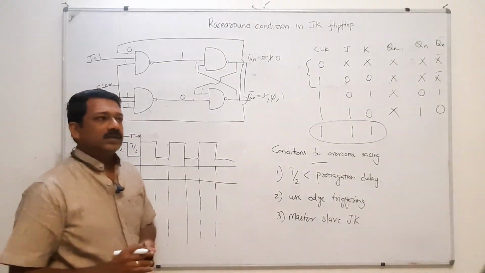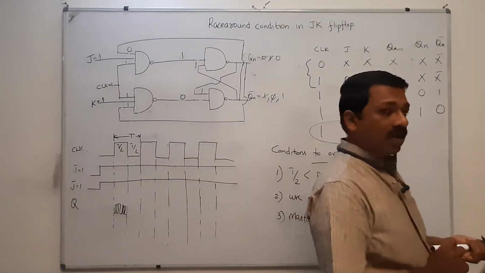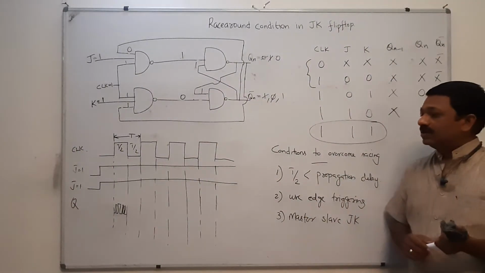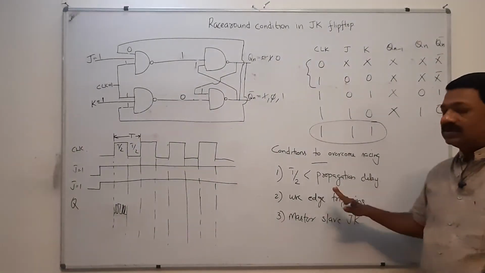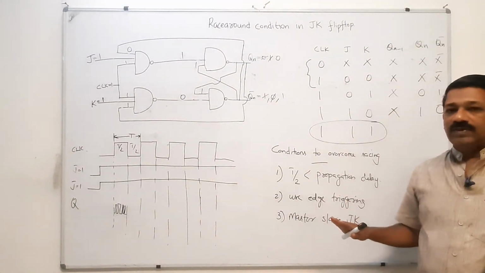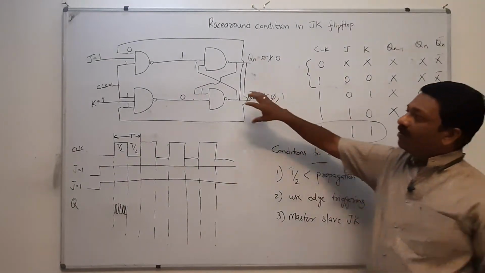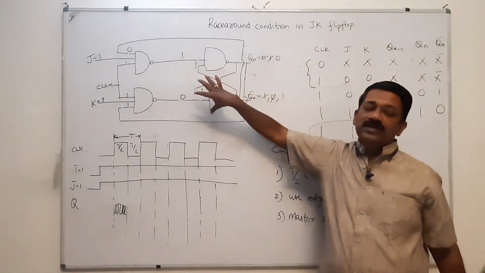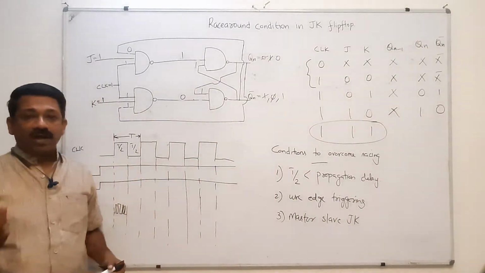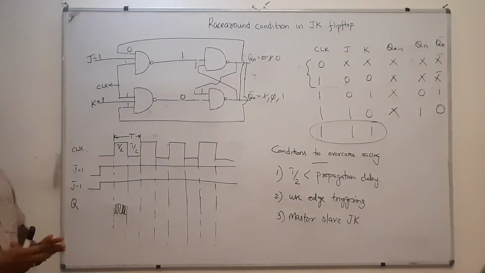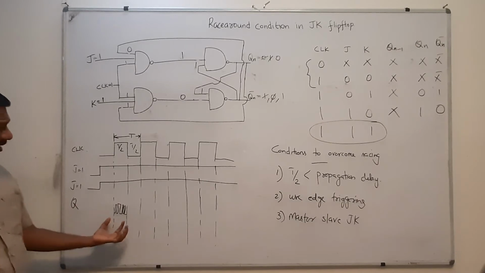Okay. That is called race condition. That means it is not stabilized. That means if you have such a JK flip-flop, then you have to control that toggling or control that race condition.